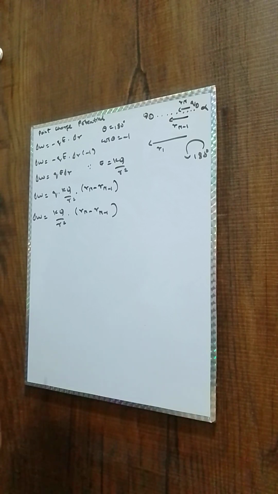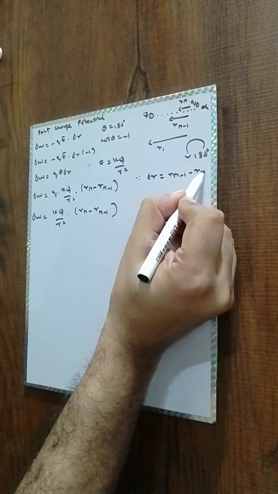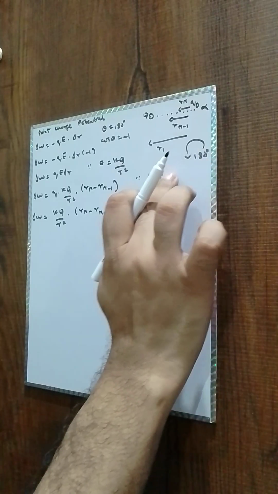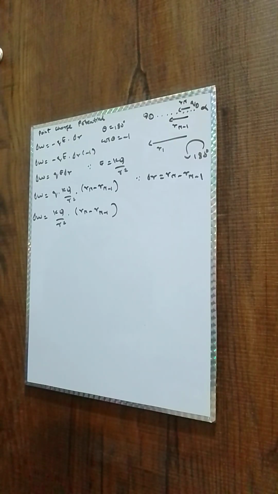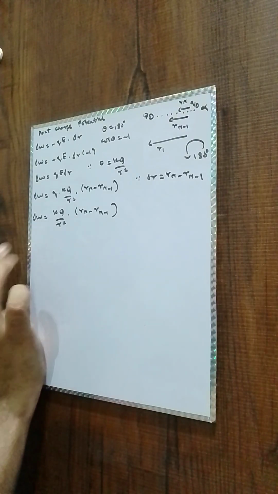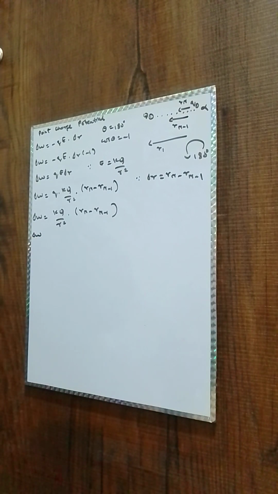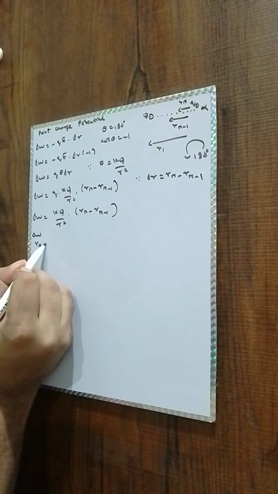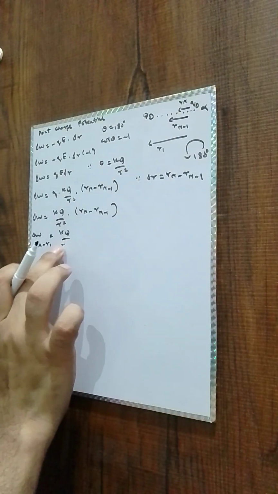So as delta R is equal to Rn minus Rn minus 1, yes, this is delta R, and so I will continue with, let's say, delta W from RA to R1, which is KQ by R square.